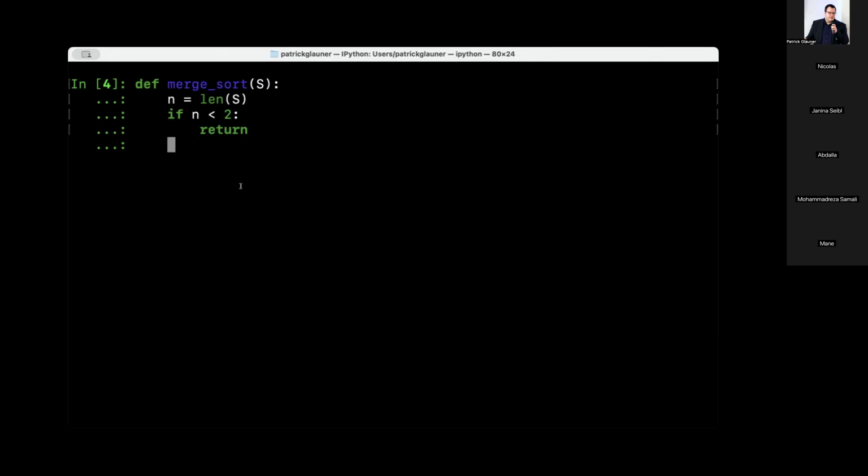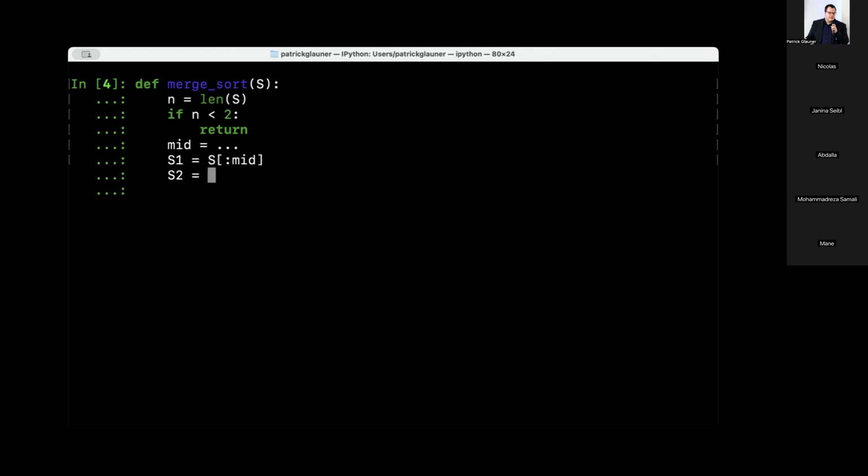Now what I have is my S, and I want to split it into left and right. So I want to have S1, which are all the entries from the beginning up to mid, the middle index. We will see very soon how we can calculate the middle index. Mid is excluded. We can also write 0 up to mid, but if you leave the 0 out, it's implicitly there.